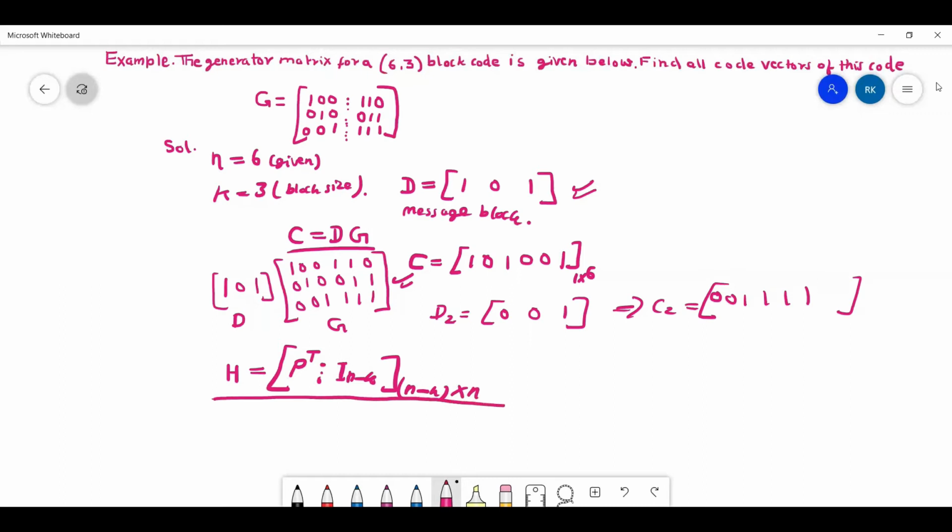This is the parity check matrix H, and this is the transpose of matrix P.